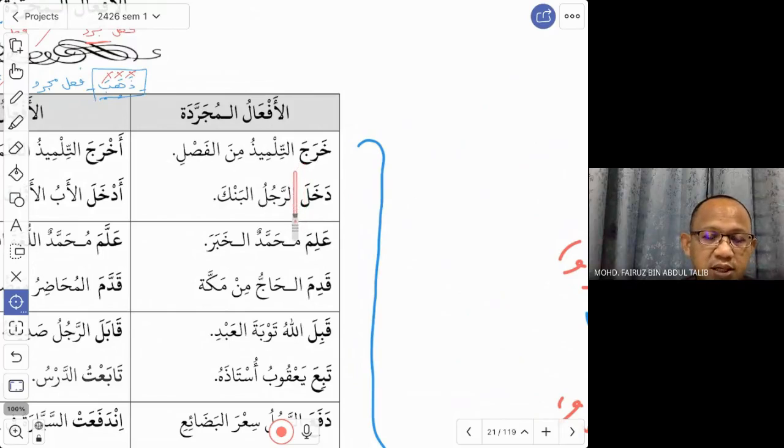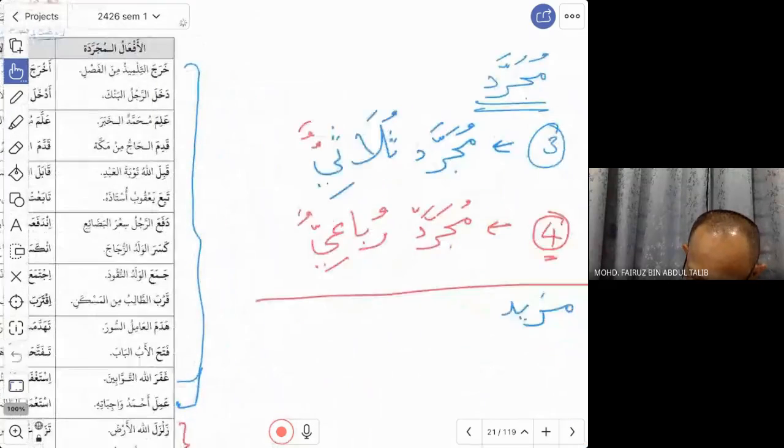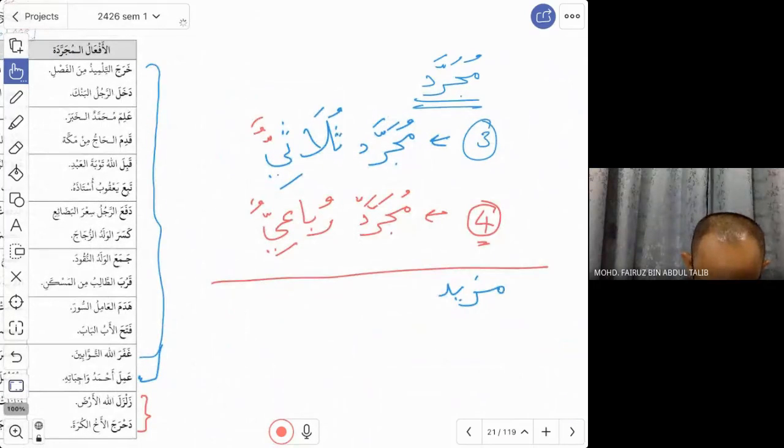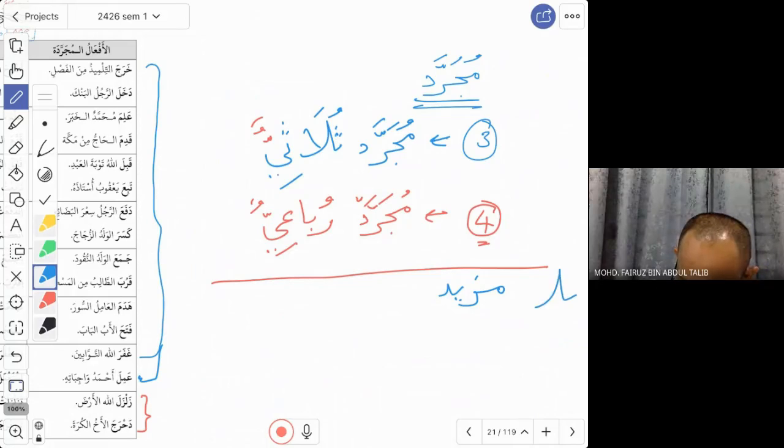So this is still a 3-letter fi'il, but with 1 additional letter. So what do you call this word? We call this word mazid. Sulasi mazid, because the root word is 3-letter. Mazid sulasi or sulasi mazid, you can reverse the words.